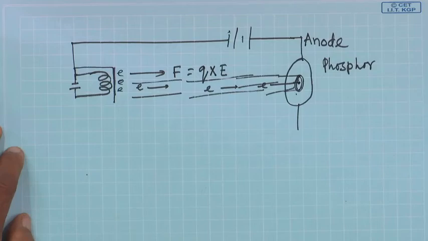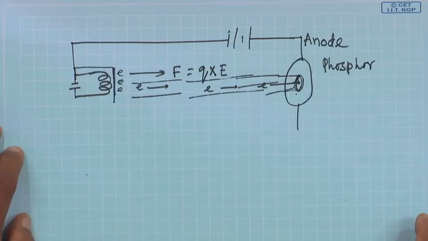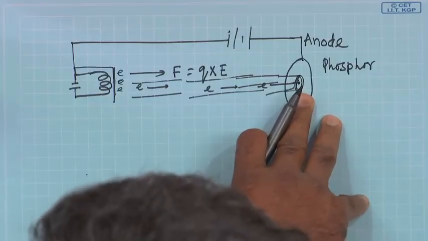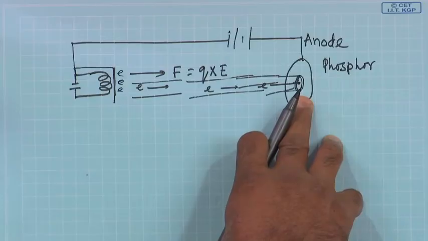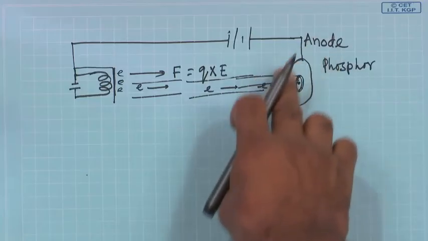That light spot is basically the spot of the electron beam. Now, you want to manipulate this spot on the screen.